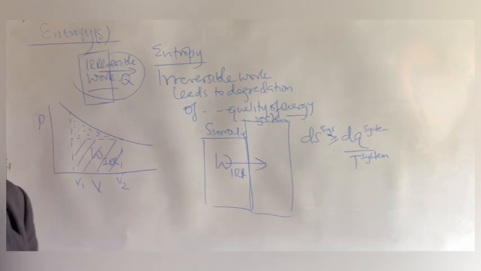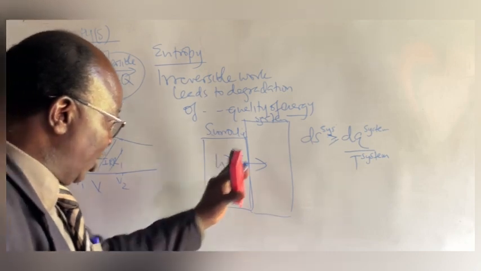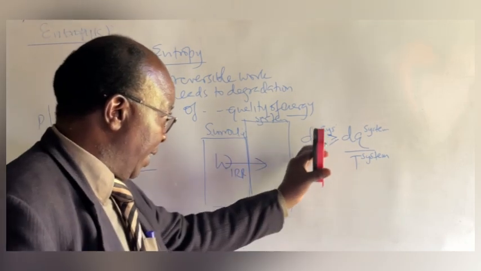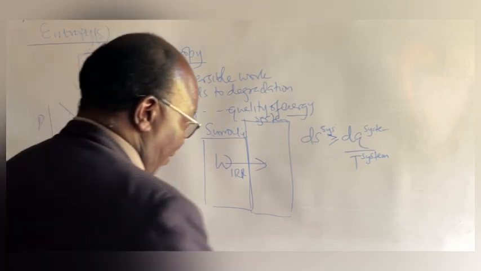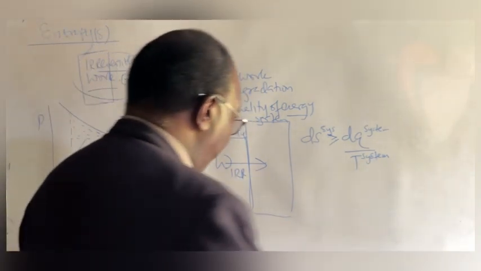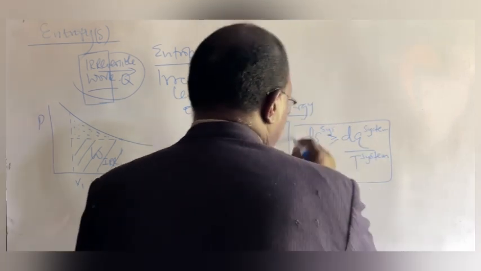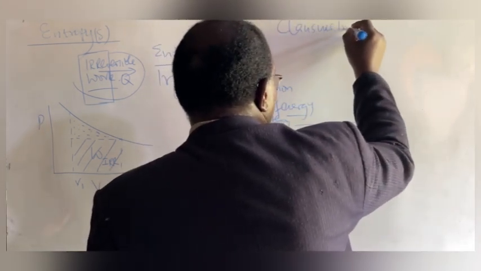Remember, the system has a temperature. So when you do irreversible work, then the change in the entropy of the system is given by the heat which has been transferred to that system divided by the intrinsic temperature of that system. And this particular expression here is very, very important. Always remember it. We call it Clausius inequality.